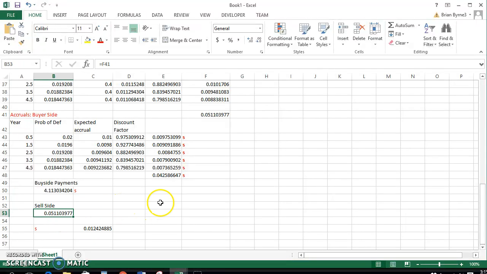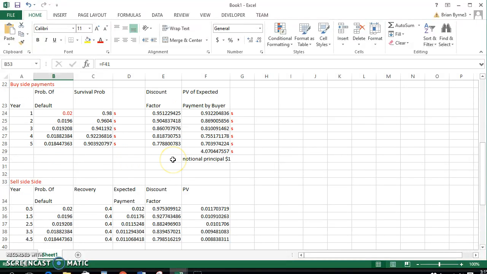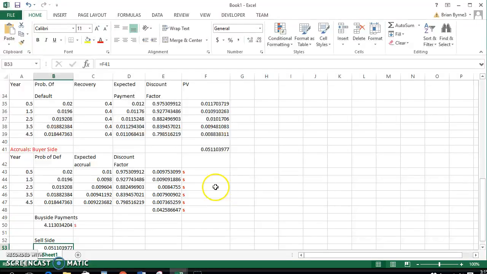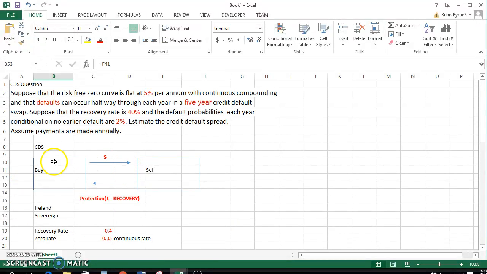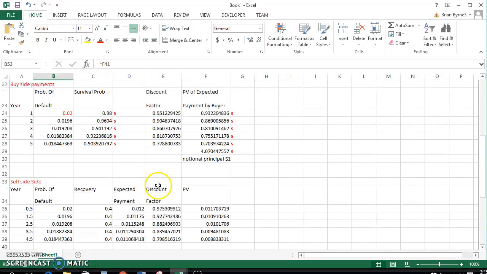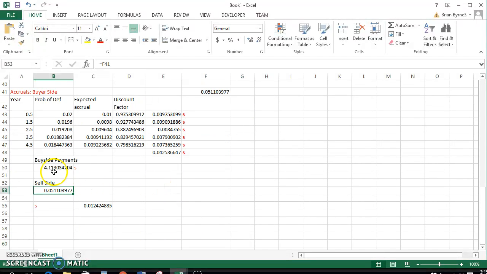The seller is going to pay 0.05 when we work out probabilities and recovery rates. If the basis of the swap is we have a fair exchange or a fair game, the 4.11S must be equivalent to the 0.05.